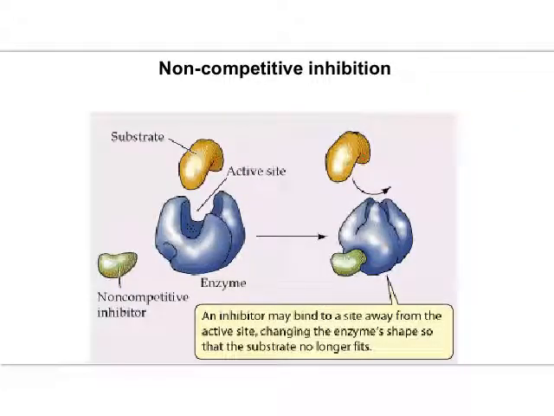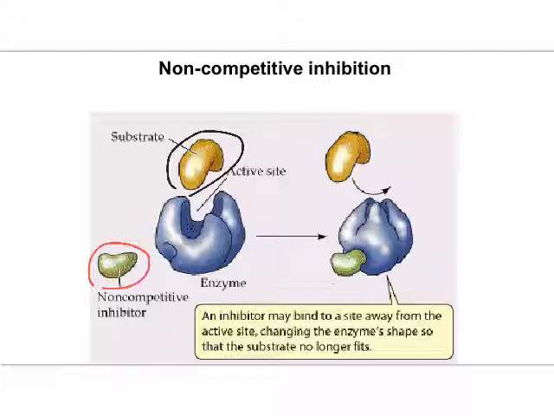The other type of inhibition is non-competitive inhibition. And in this case, nothing is competing with the substrate for the active site, but there's another molecule, a non-competitive inhibitor, that will bind to a different site on the enzyme.